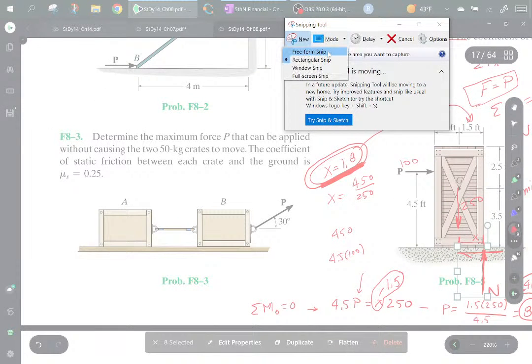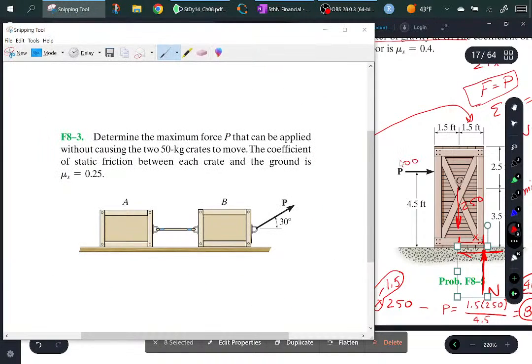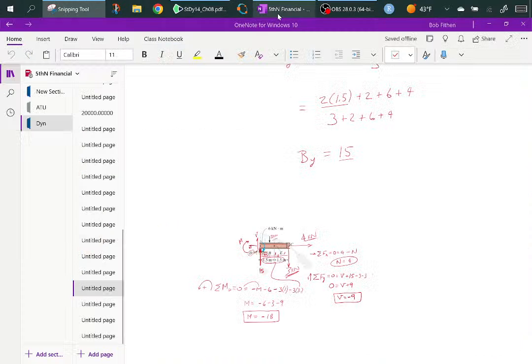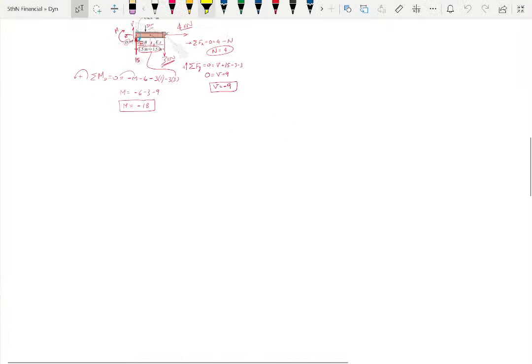I'll do it this way. Okay, so now I'll drop it over here. I'll just go ahead and drop it on the bottom of this thing.